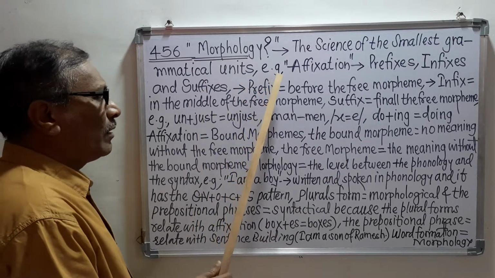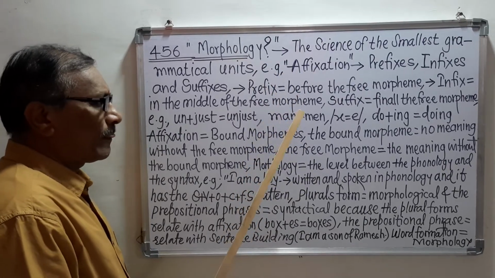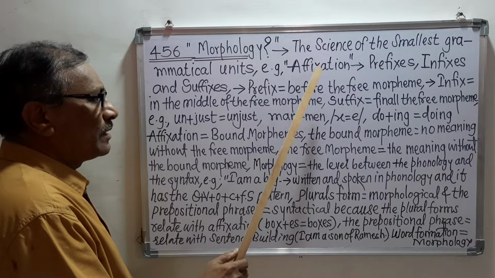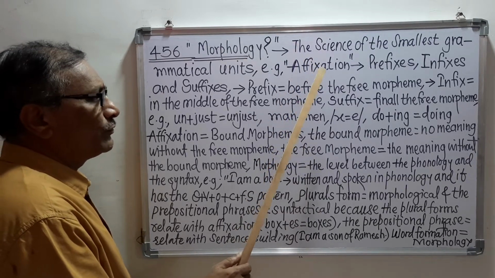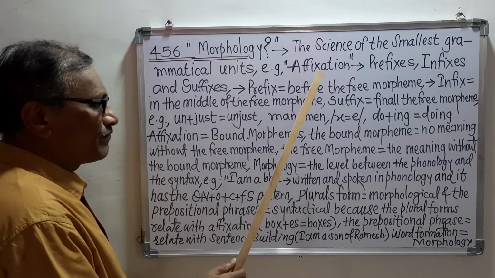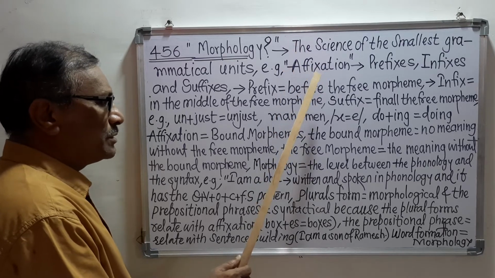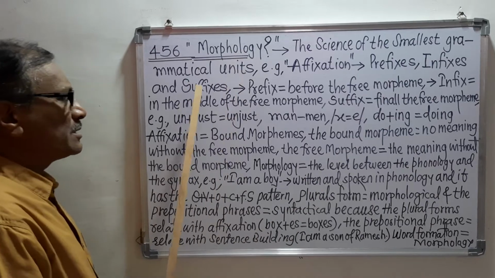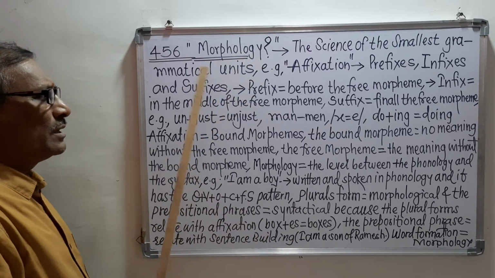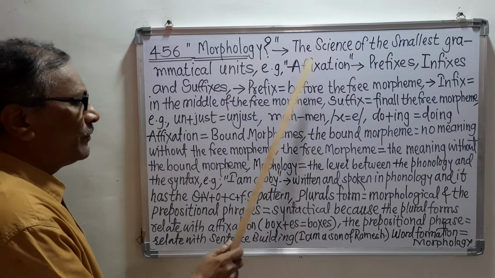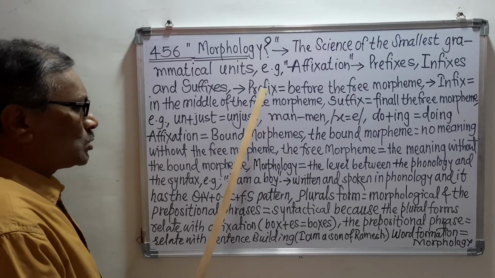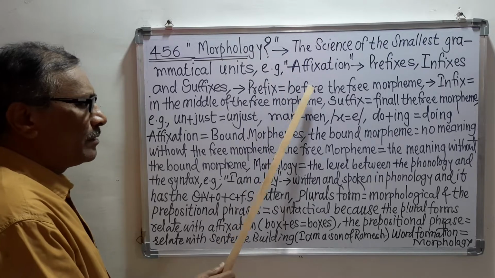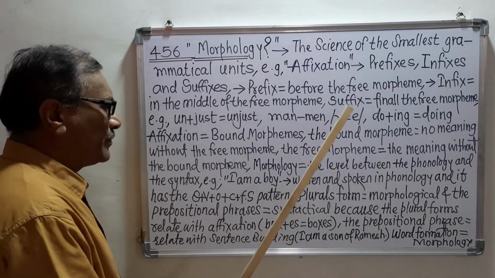For example, affixation. Now see, affixation is a topic of the morphemes. What is affixation? Prefixes, infixes and suffixes come under the topic of affixation. A prefix is added before the free morpheme.